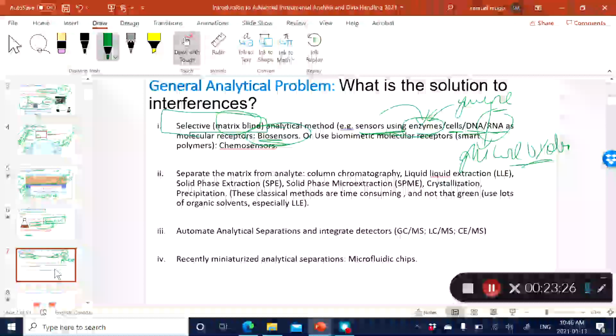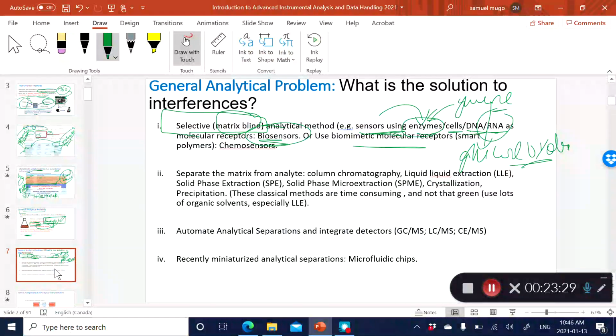And in that case, chemists sometimes go for what they call biomimetic molecular receptors. This is where chemists synthetically manufacture receptors that are very specific to the analyte of interest. In my research group, that's what we mainly do.